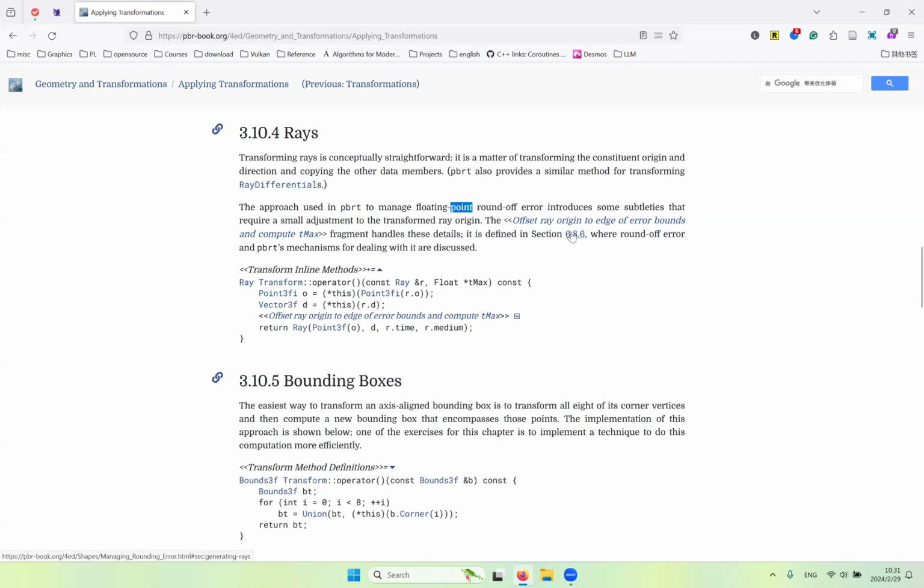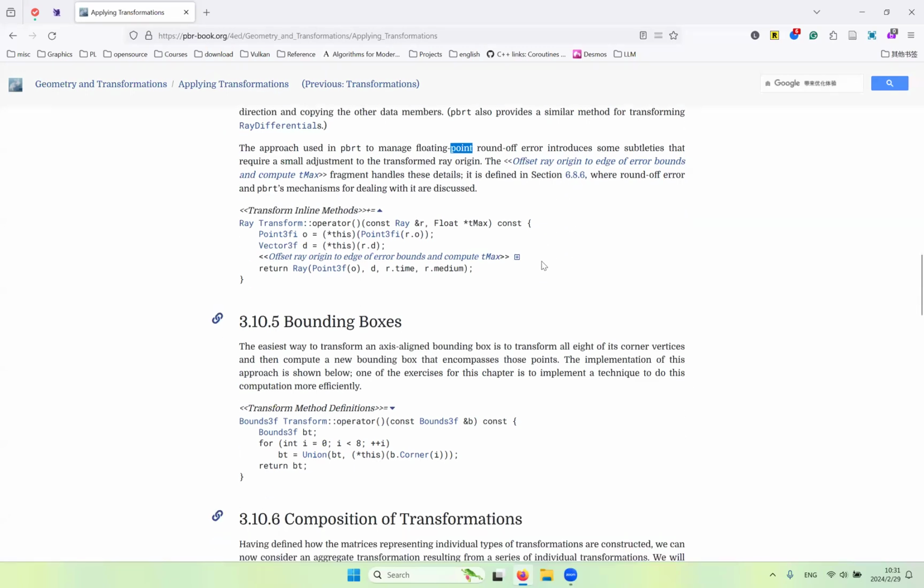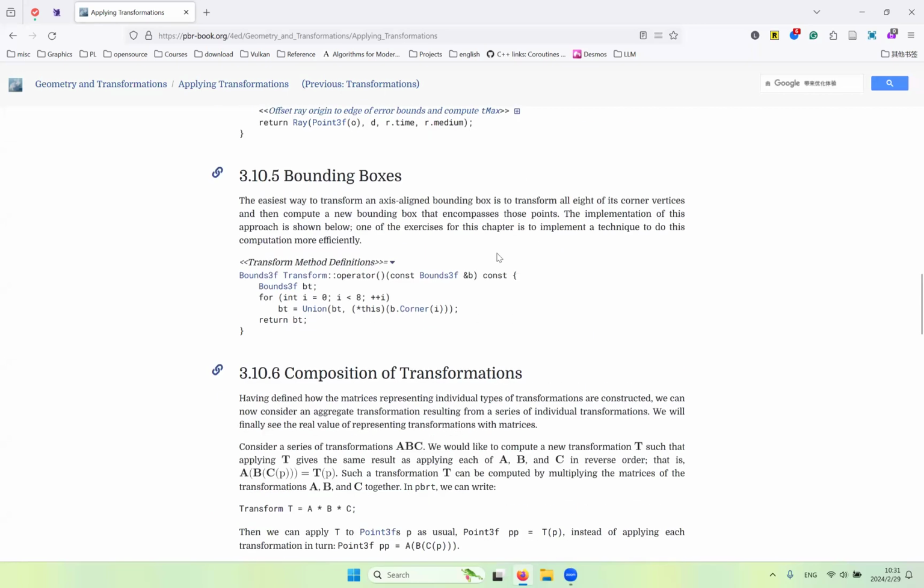It's defined in a later chapter. For a bounding box, we just transform all the points and then recompute the min and max point.